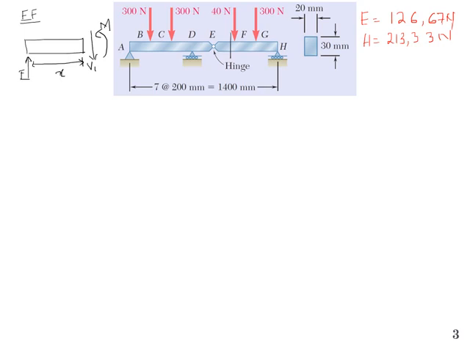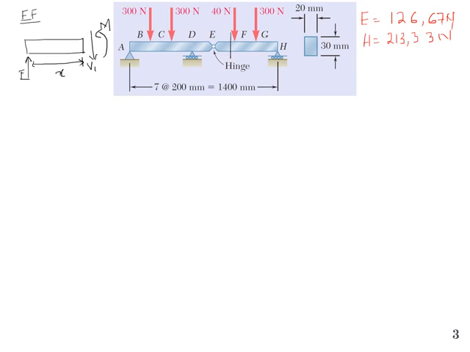Okay, now we consider this beam separately as EF because of this pin joint or hinge, and the shear force will be constant between E and F because there is no distributed load. So if there's a point load, the shear force will be constant.